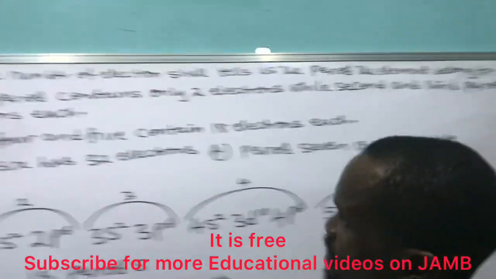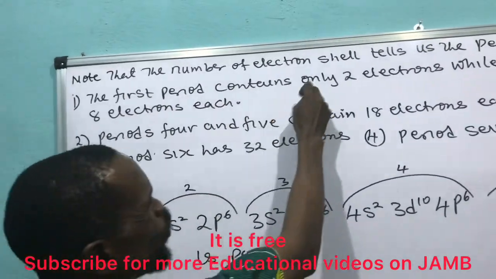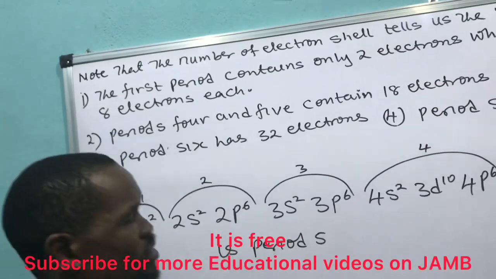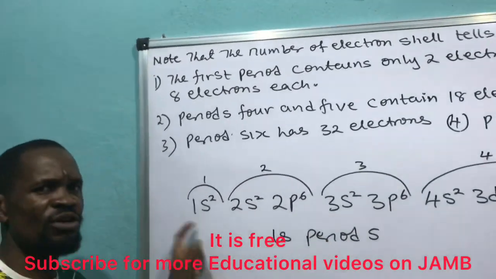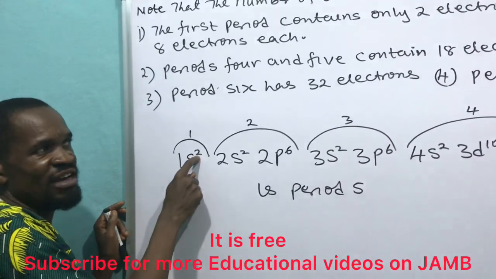That is, the first period contains only 2 electrons. Look at the first period. Only 2 electrons are there. Do you get what I'm saying now?